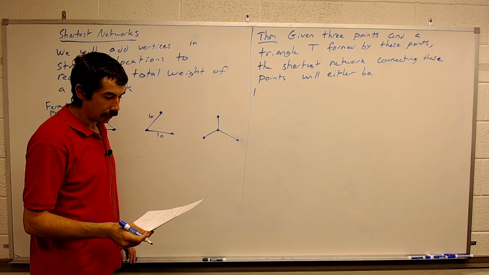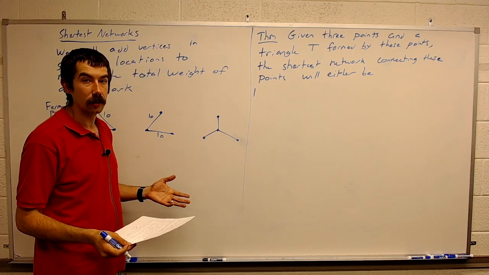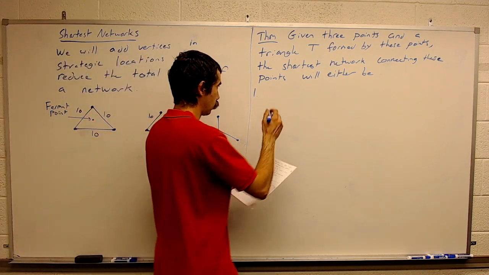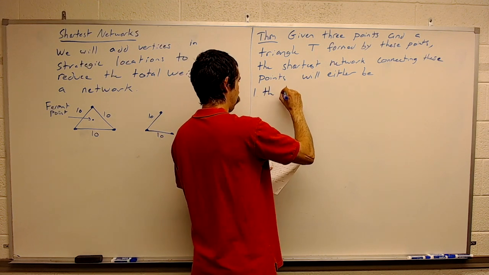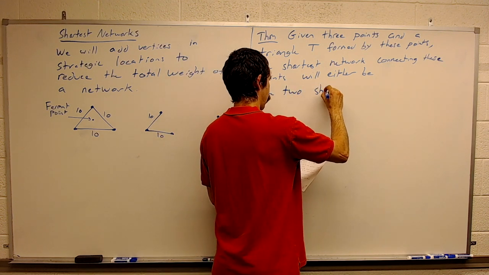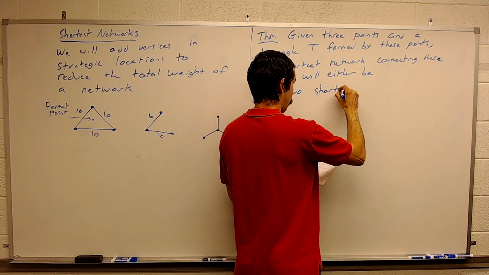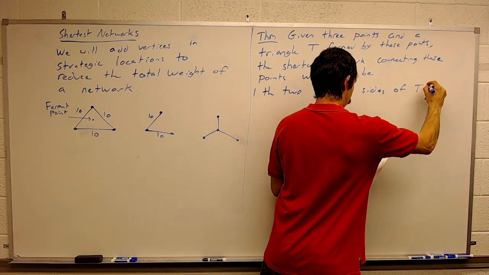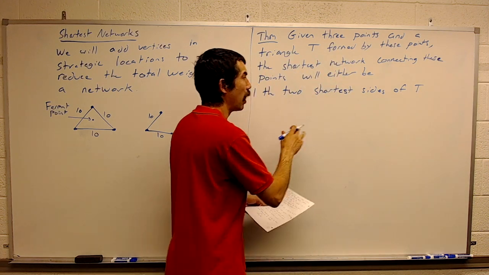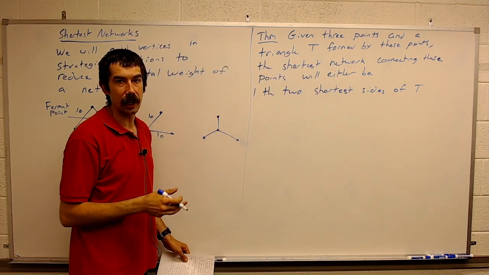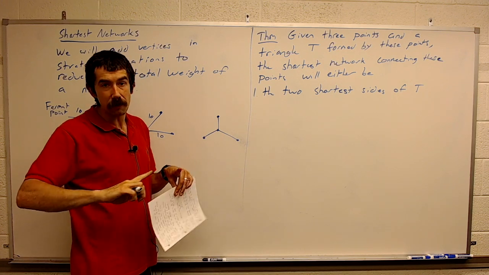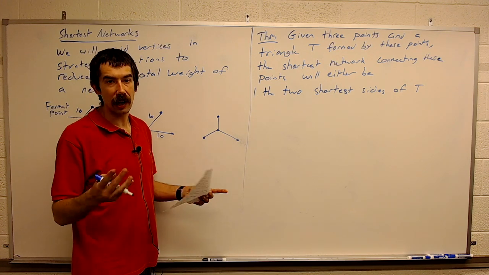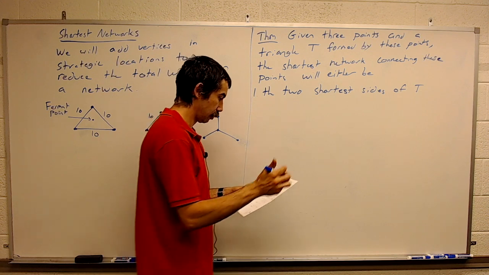One option is the shorter two sides of the triangle. When is it the case that it's the shortest two sides of the triangle? That's if one of the angles in the triangle is larger than 120 degrees.